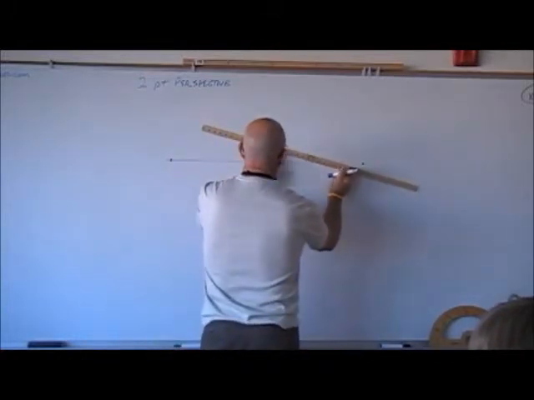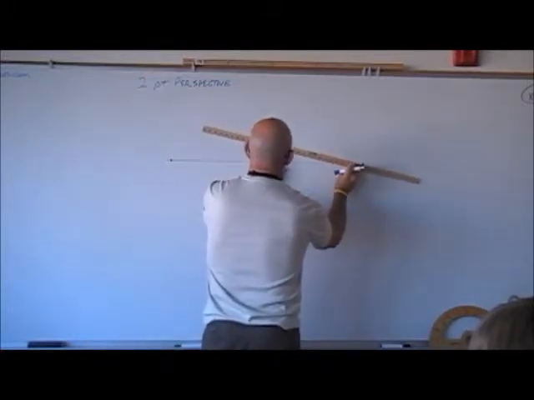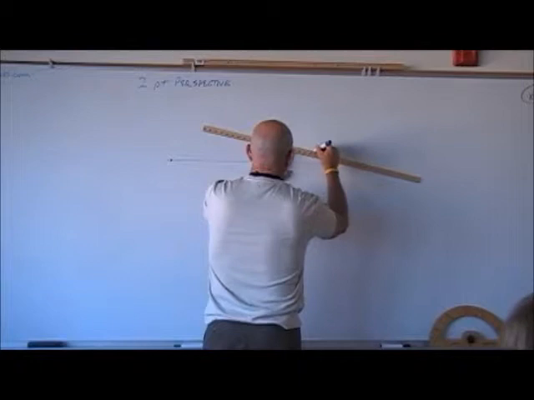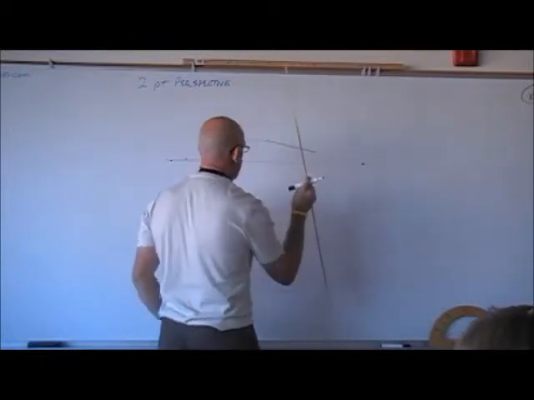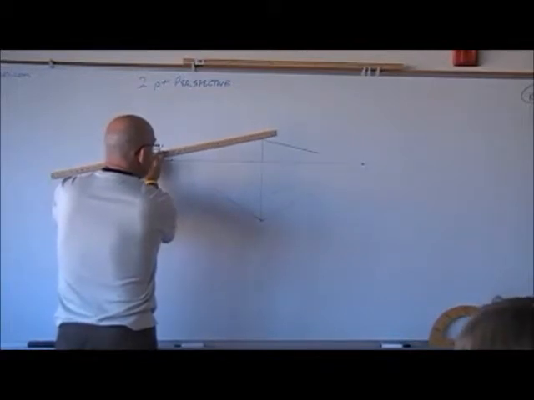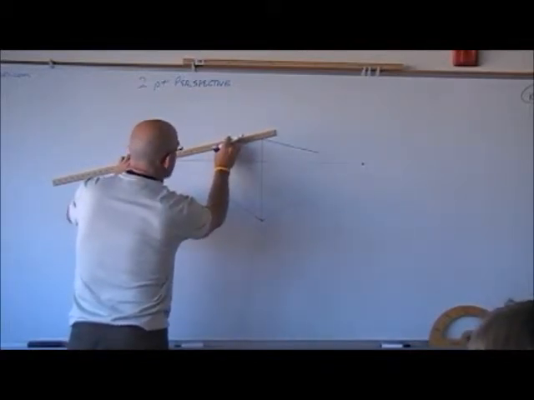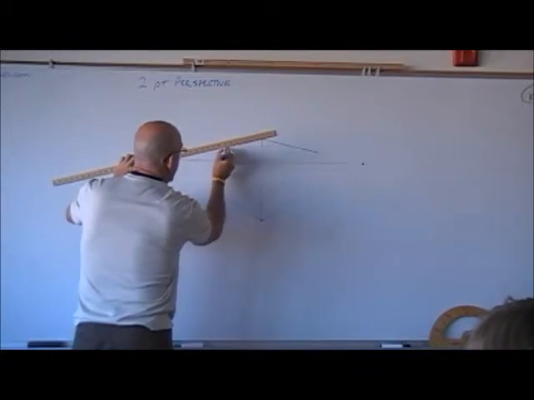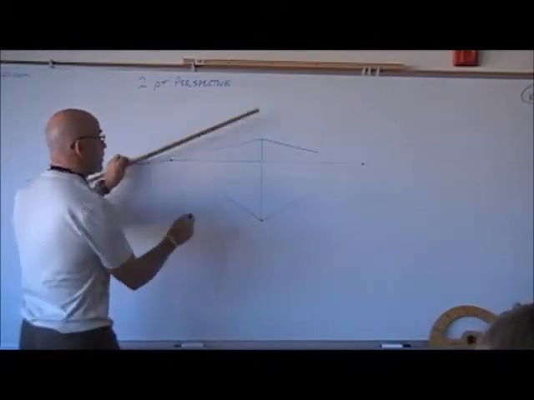So again, that right side of the top of the building, you're going to draw, and it's going to vanish to the right side. The left side of that building is going to vanish to the left vanishing point. Again, drawing lightly. Drawing lightly.